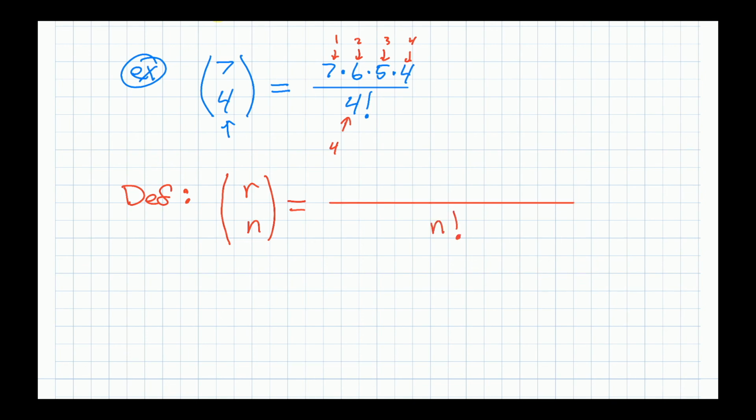And on the top, you start with an r, and then you do r minus 1, and then r minus 2, and you keep doing that. And where do you stop? It's a little bit tricky to say where you stop, but it's r minus n plus 1.